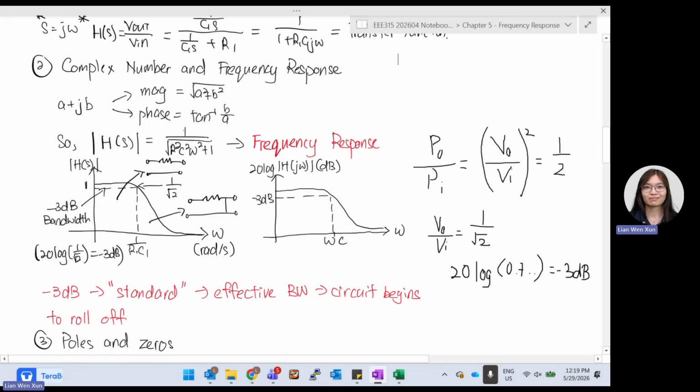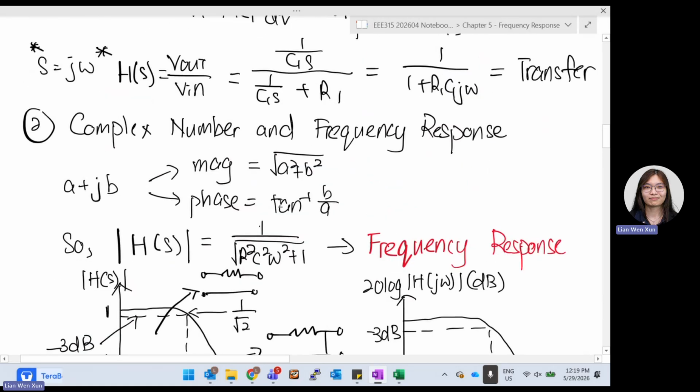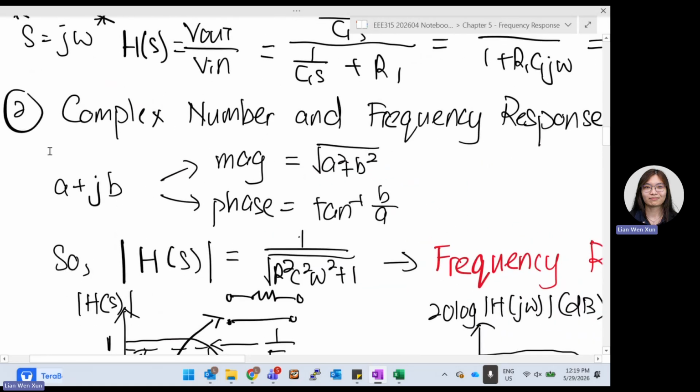Okay, so before we go into that, we will still need to learn some prerequisites first. First of all, we know that a complex number A plus jB can be converted into magnitude and phase.